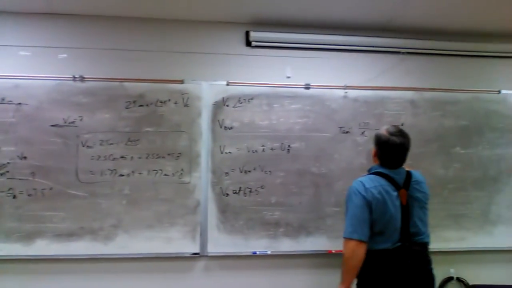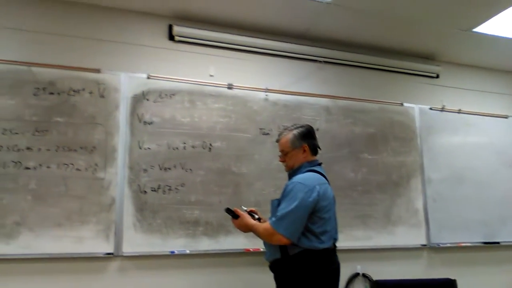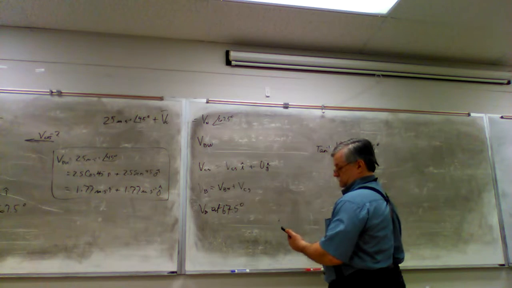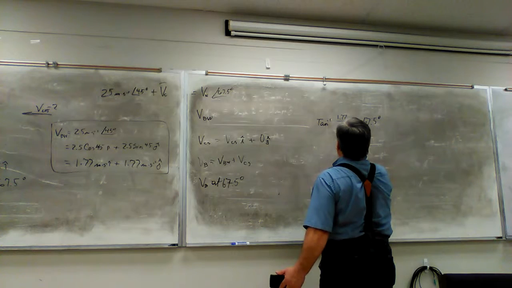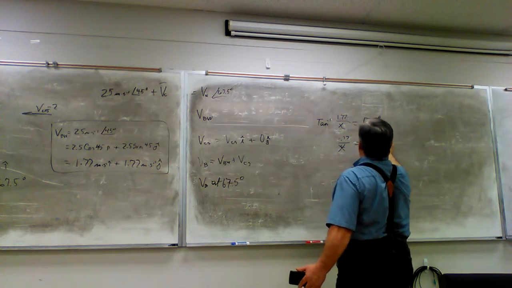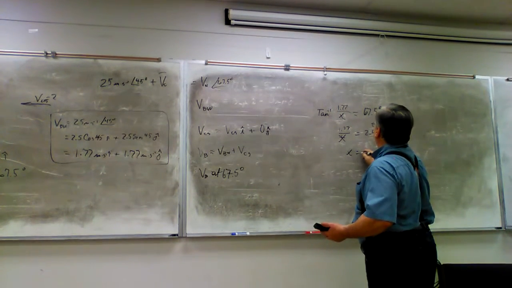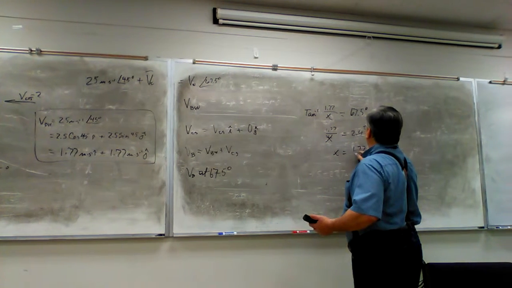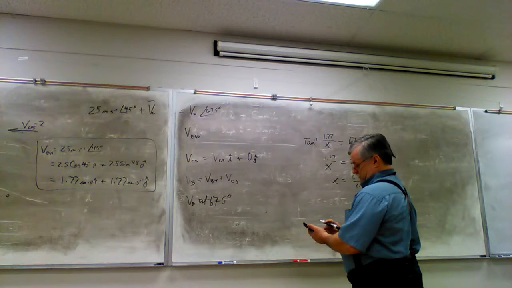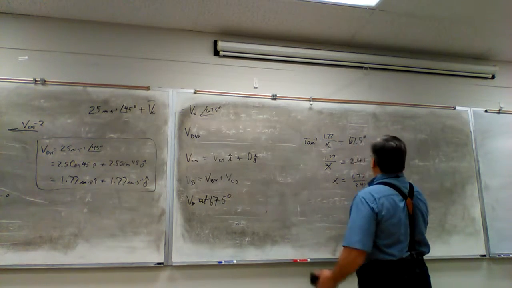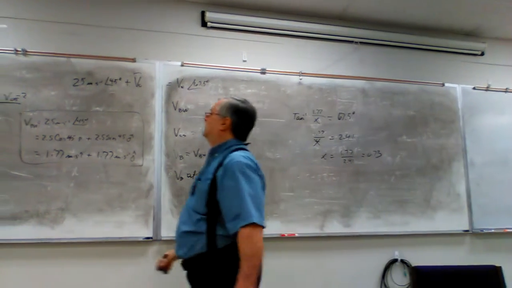So if we solve that, what's the tangent of 67.5 degrees? 2.41, and x equals 1.77 divided by 2.41 equals 0.73. Does that make sense?